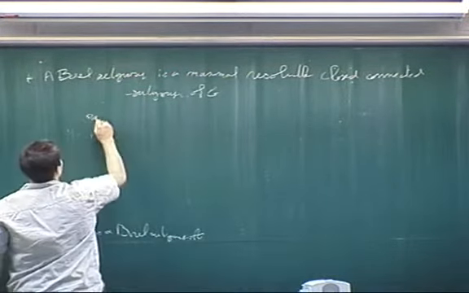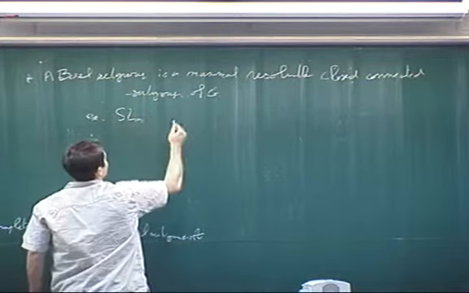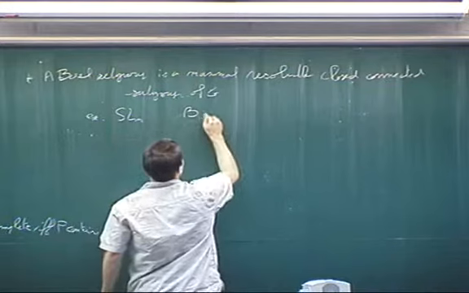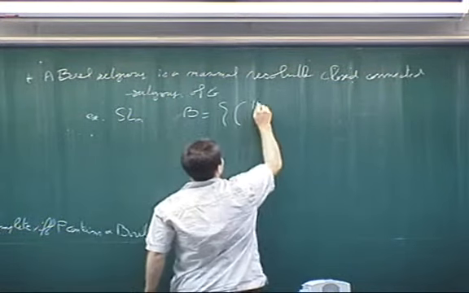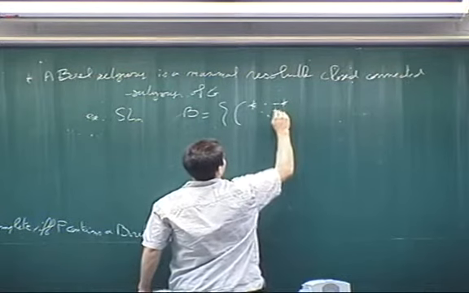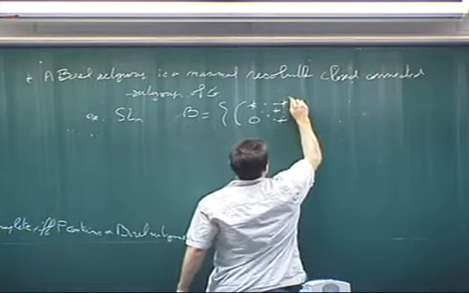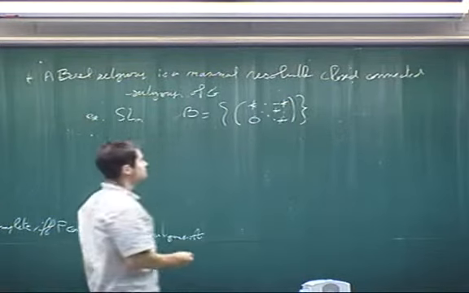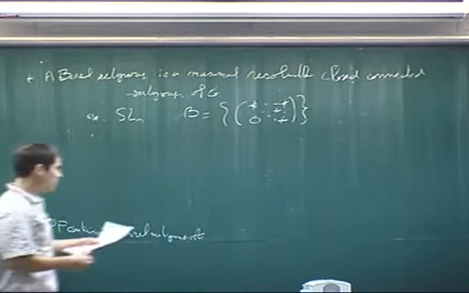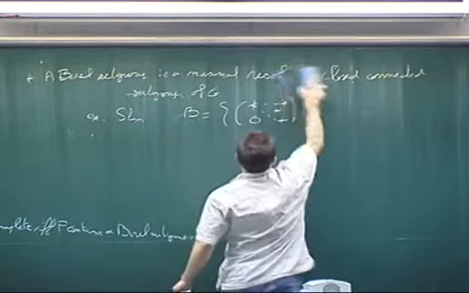For example, take SLN. We can take the Borel as the upper triangular matrices.